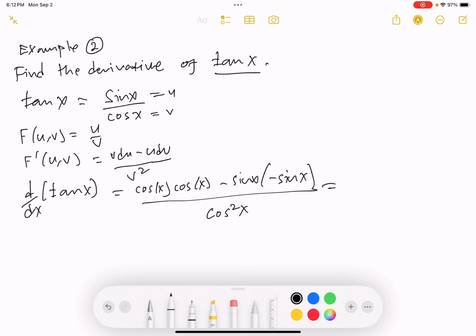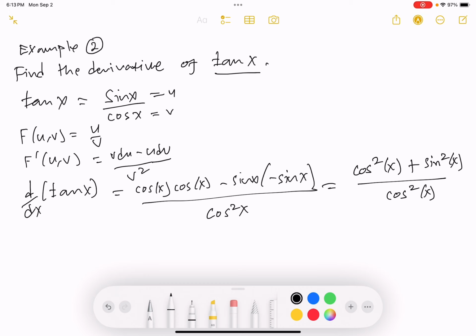This is going to give you something of the sort. So this is going to give you cosine squared of x plus sine squared of x over cosine of x squared. So what does this give you?